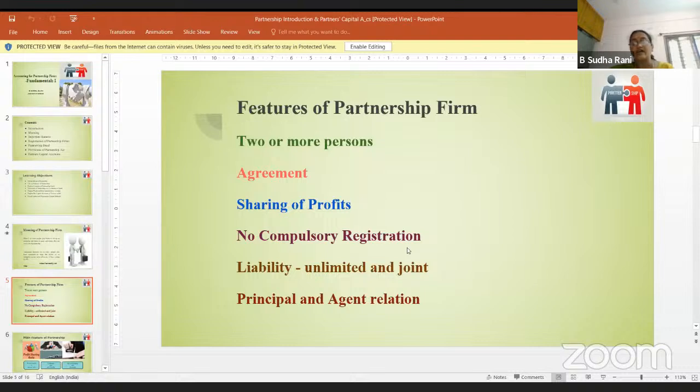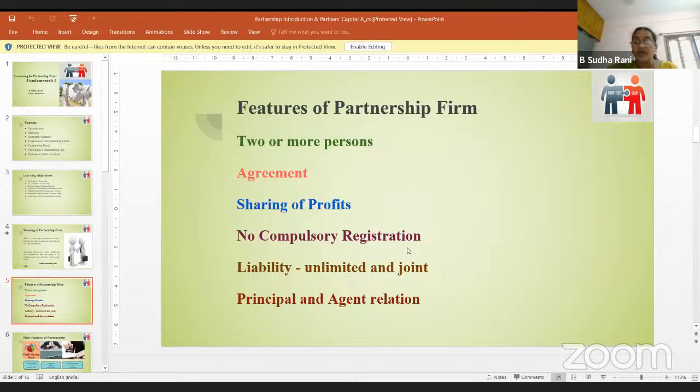That 2 lakhs they have to bring from their private properties and clear the liability. Liability means amount due to the outsiders. It is unlimited because the private properties also are to be considered to clear the debts of the firm. That's the reason why it is called unlimited.